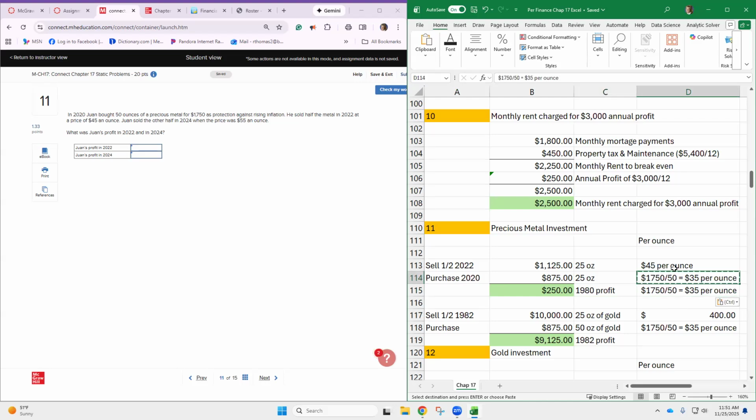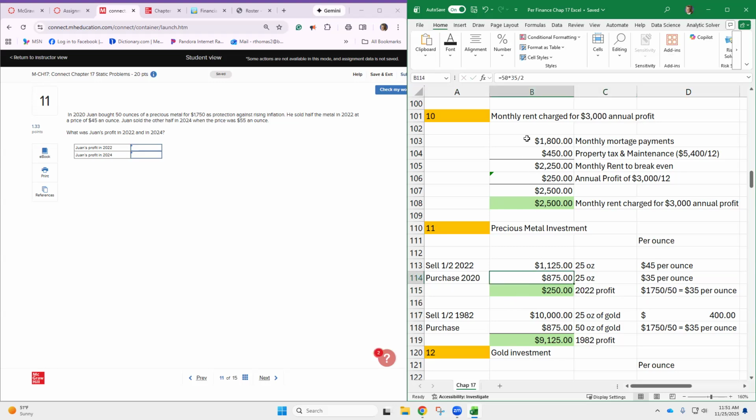And then I want to show that that price was $35 an ounce on that same line so that we don't get too confused. 35 per ounce. Okay, and then what's the profit in 2022? Okay, 2022.